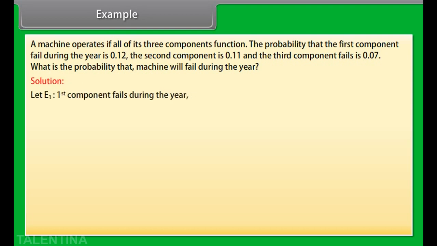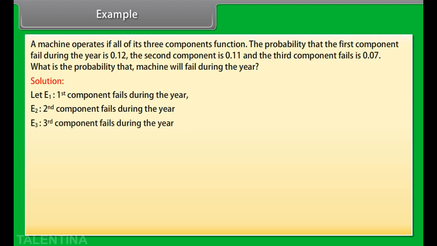Let E1 be the first component fails during the year, E2 the second component fails, and E3 the third component fails. P(E1) is equal to 0.12, P(E2) is equal to 0.11, and P(E3) is equal to 0.07.